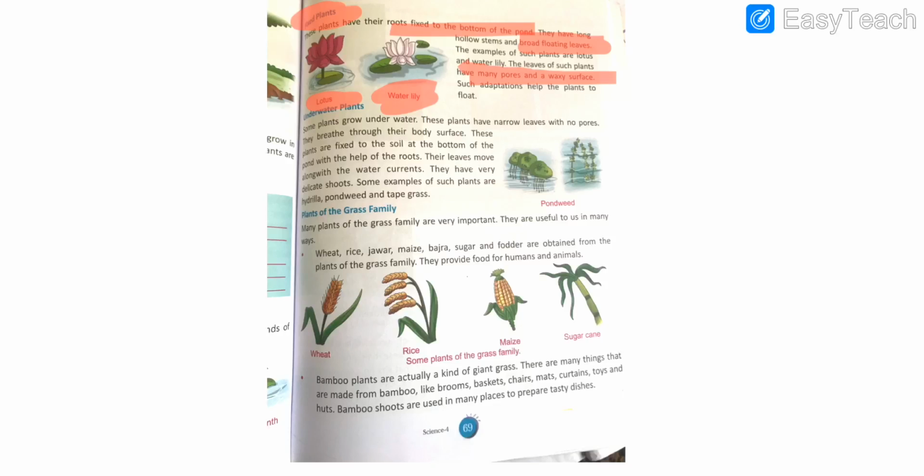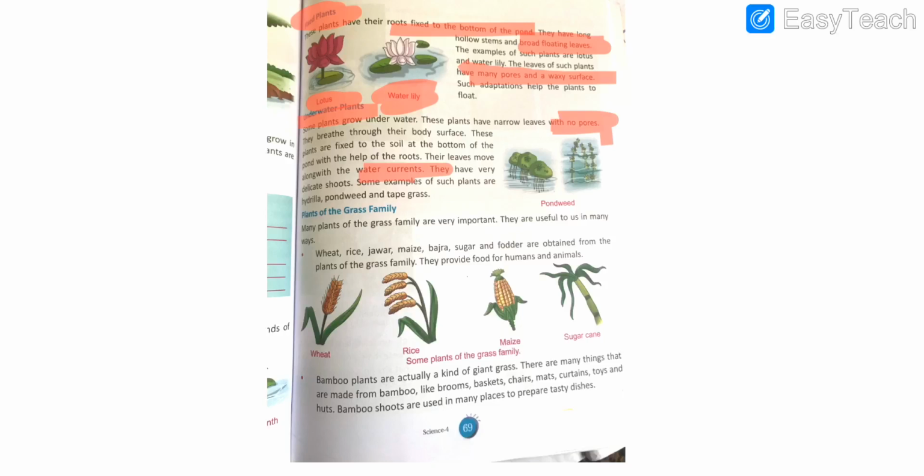Now, underwater plants. What are underwater plants? These are the plants that are neither floating nor attached to the surface, but they are underwater. That is, they grow under the water. These plants have narrow leaves with no pores. They breathe through their body surfaces and they are fixed to the soil at the bottom with the help of roots. Their leaves move with the help of water.